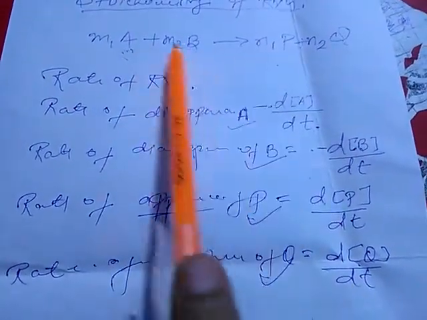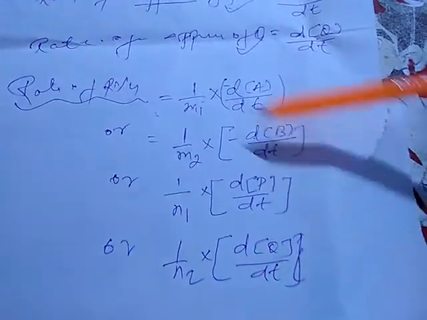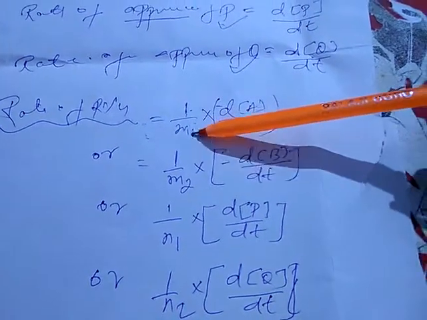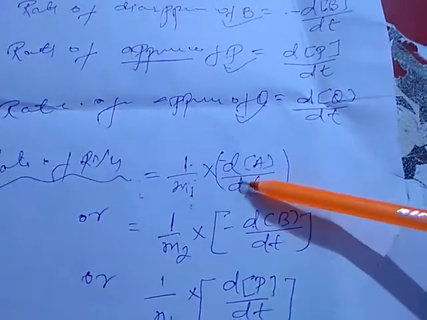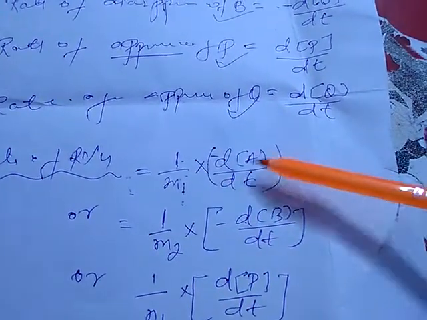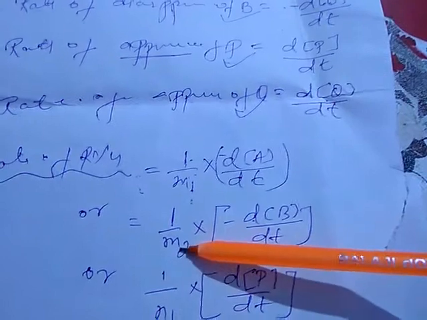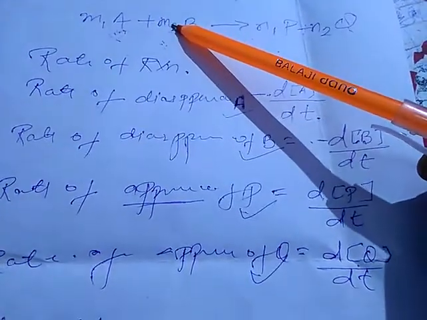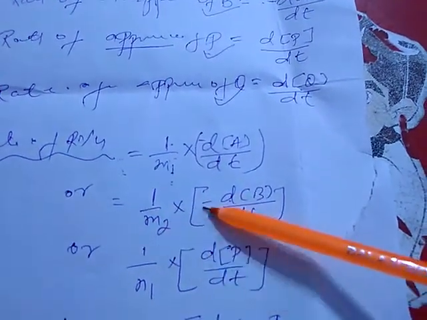So the rate of this hypothetical reaction will be equal to any one among them. It may be equal to 1 by m1. Here m1 is the stoichiometry present here, and into minus dA by dt, meaning rate of disappearance of A. In the same way, 1 by m2, this m2 is the stoichiometry of B, and rate of reaction will be equal to 1 by m2 into minus dB by dt.